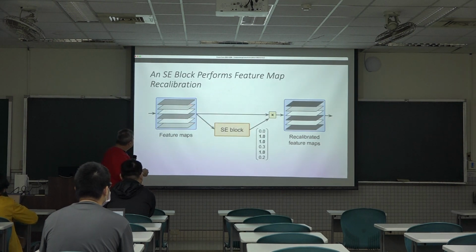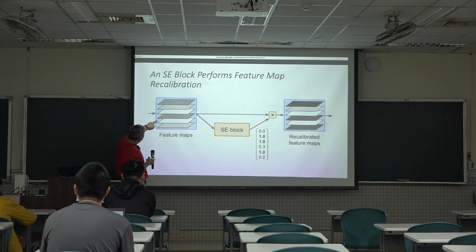It's something like this. Let's assume the darkness of each feature map represents how active the feature map is. The lighter the color, the more active the feature map. You can see the most active feature maps are the third one and the fifth one from the top, because they are pretty much white.